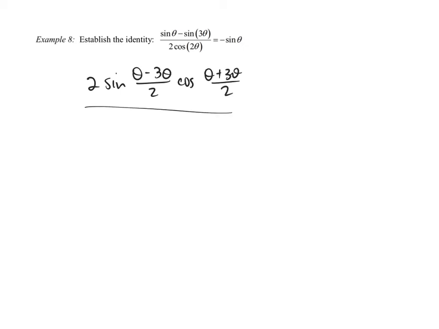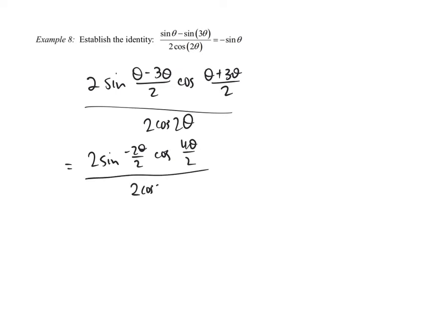And that is going to all be over 2 cosine of 2 theta. Now, this is going to become, on the next line, 2 sine of negative 2 theta divided by 2, cosine of 4 theta divided by 2, divided by 2 cosine of 2 theta.